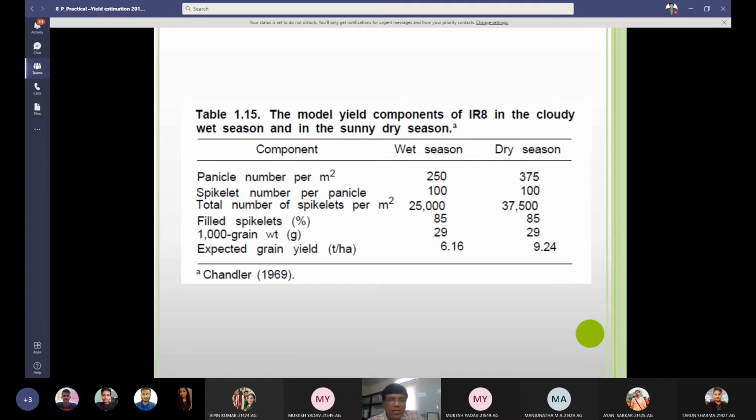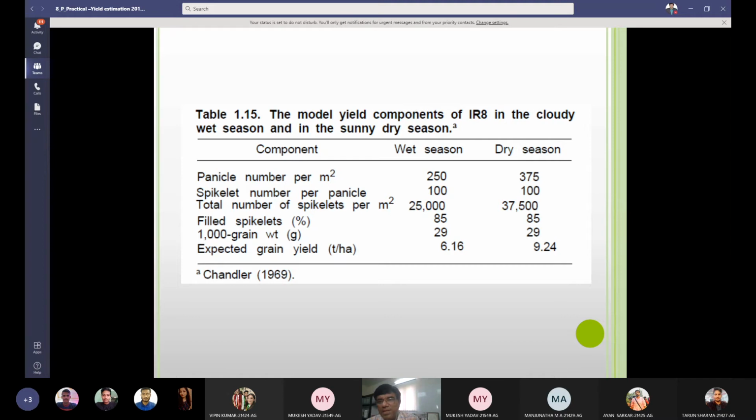Now you see the modal yield components of IR8 in the cloudy wet season and in the sunny dry season. So there are two seasons, one is wet season, the other is dry season. First component is panicle number per meter square. Vipin, you see carefully, the panicle number was affected by light.